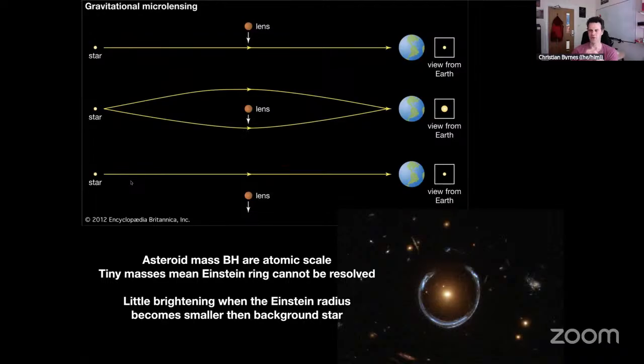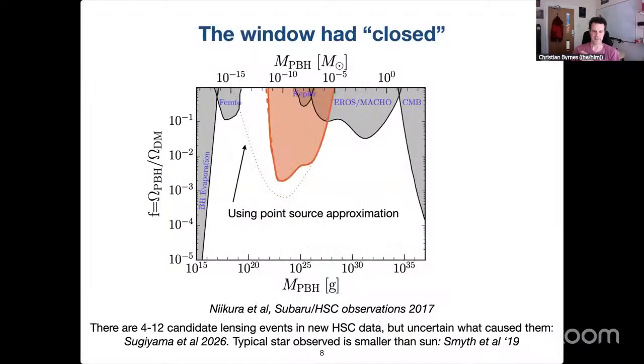And when it becomes not all of the background star, then basically the temporary brightening goes to zero because you're only brightening some fraction of the surface of that star. And that's important because using this point source approximation, which is the most optimistic case, people had claimed more than once that the asteroid mass window was ruled out, excluded. And that's wrong.